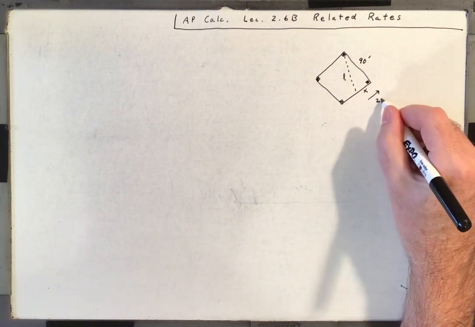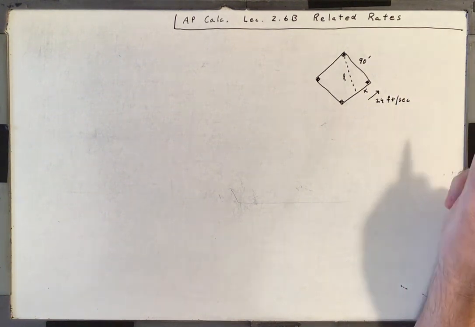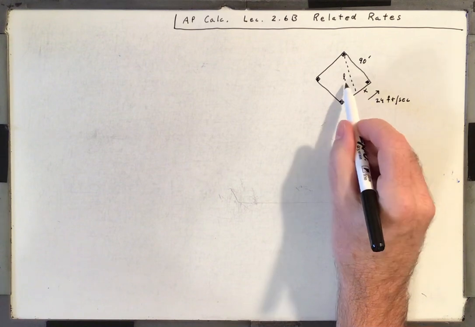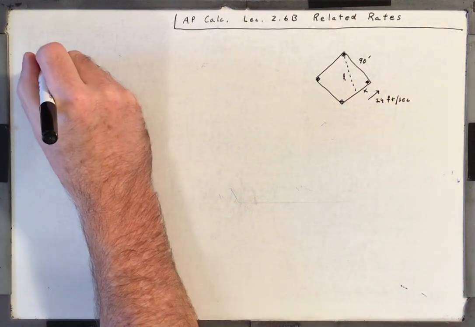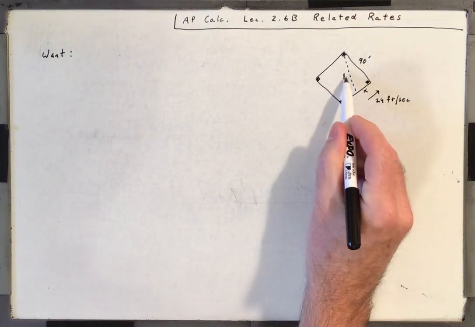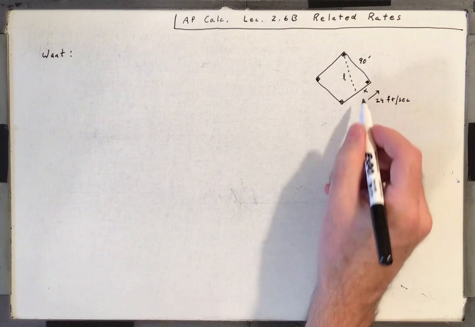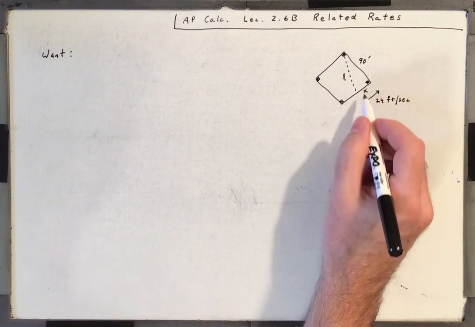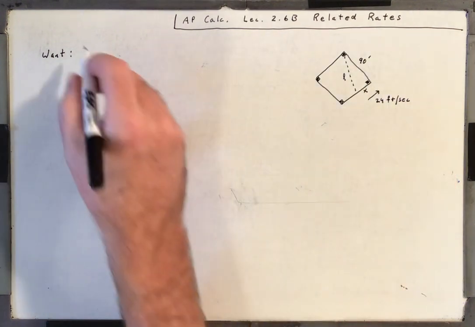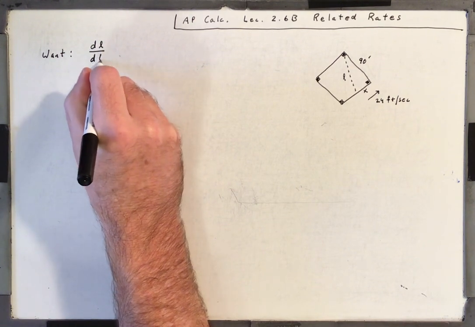I think we've given a variable to everything that we need. So what we want is how fast is this distance L changing with respect to time, and of course it's getting shorter, right, as the batter runs. So we want dL/dt.